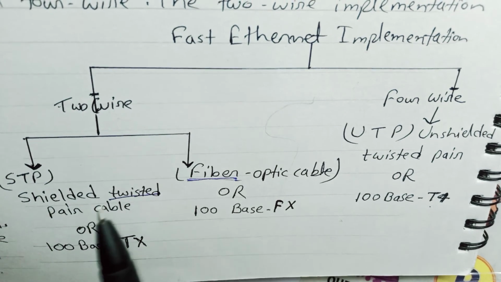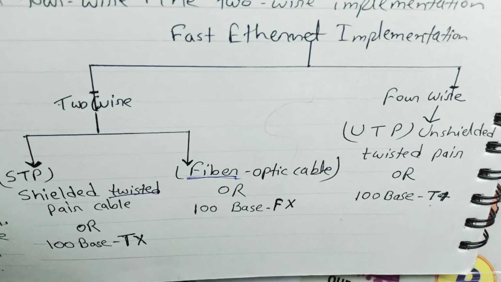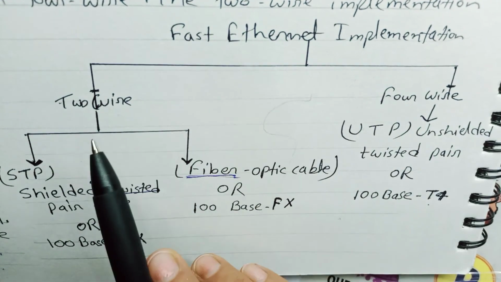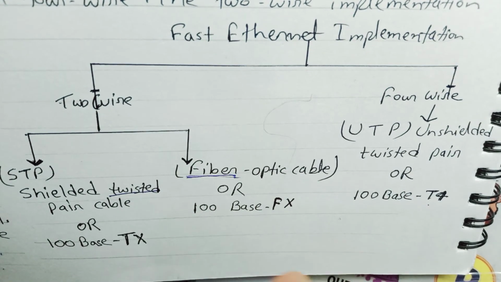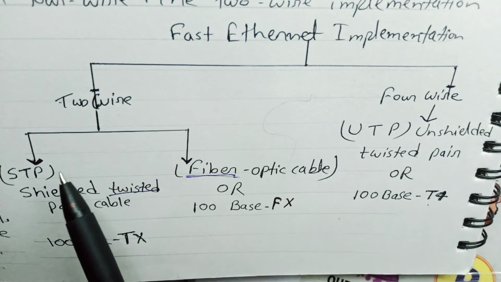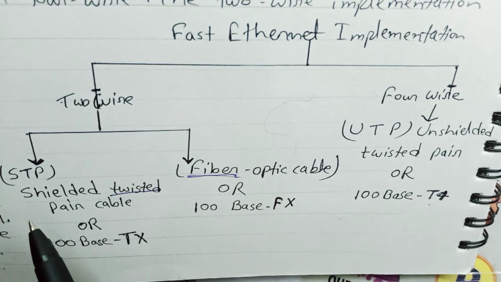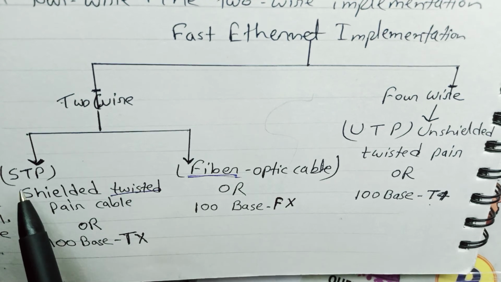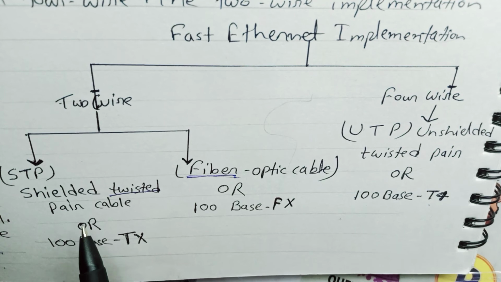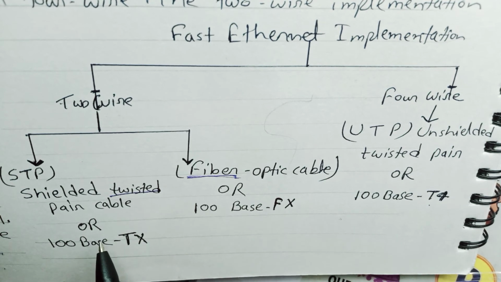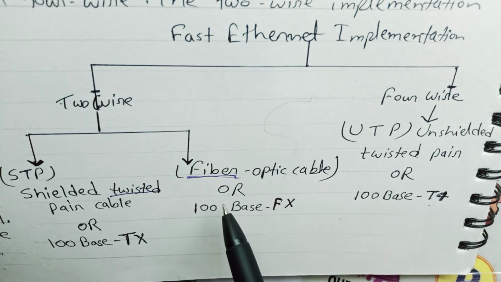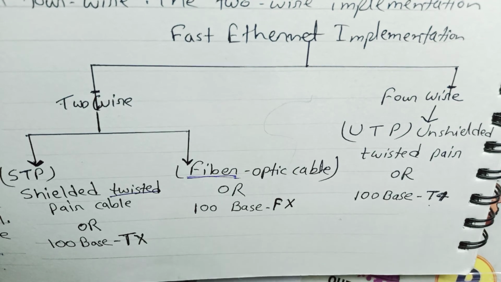Fast Ethernet implementation is categorized in 2 categories: 2-wire and 4-wire. The 2-wire is divided into STP and fiber optical cable. STP is shielded twisted pair cable or 100 base TX, and fiber optical cable is 100 base FX.